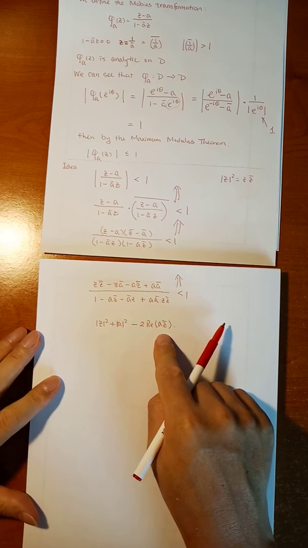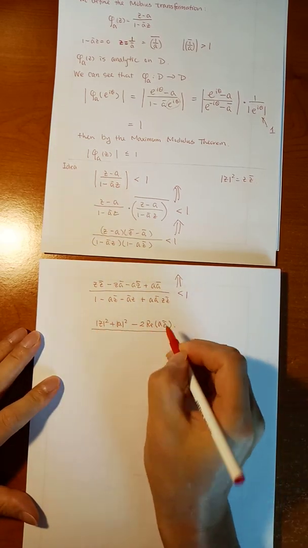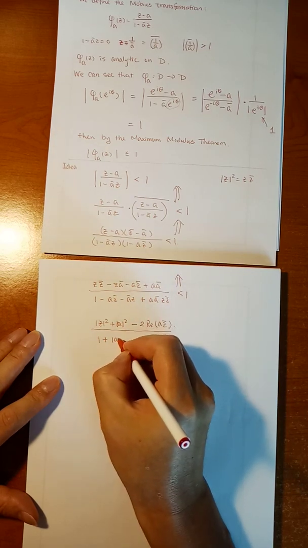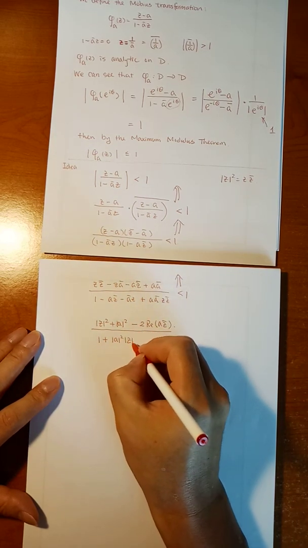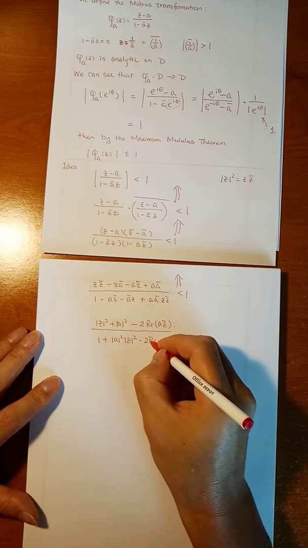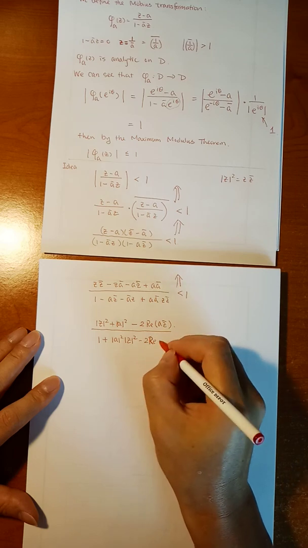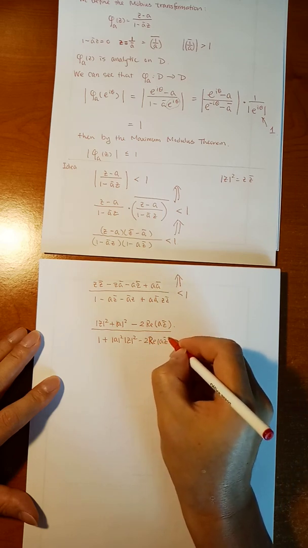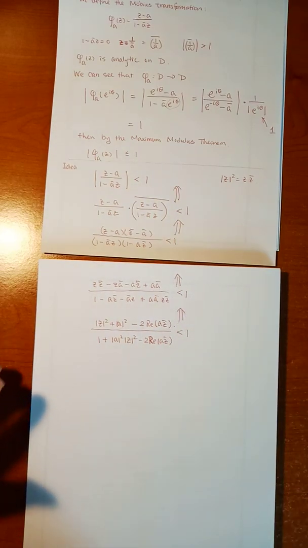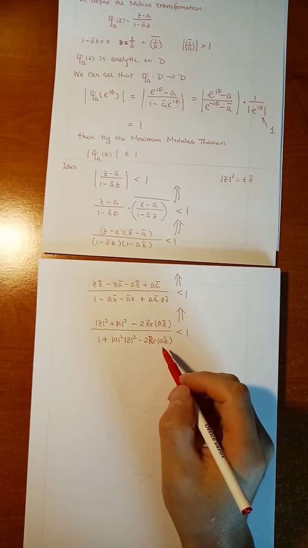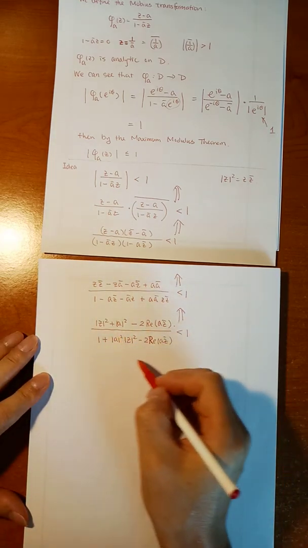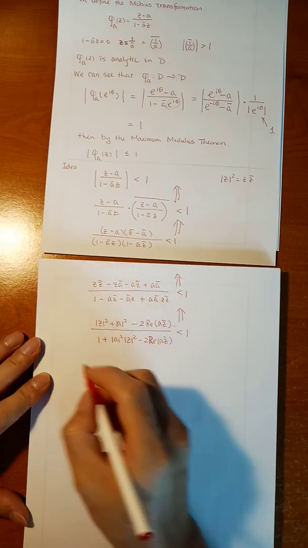It's a real number. The denominator is the same thing: 1 plus the absolute value of a squared times the absolute value of z squared, minus twice the real part of a z bar, less than 1. Remember, we're going to go backward. And then you need to know that this is a positive number. How do you know it is a positive number?